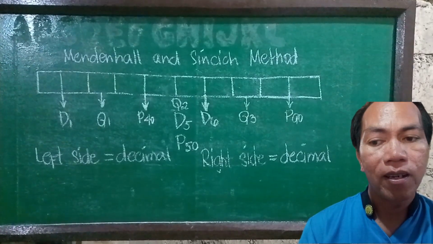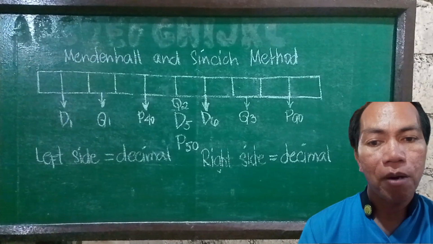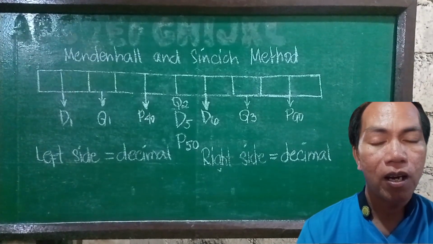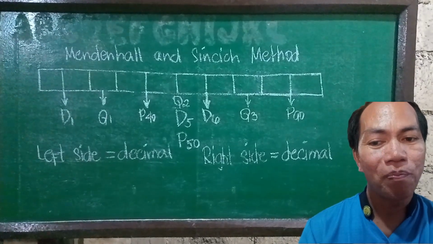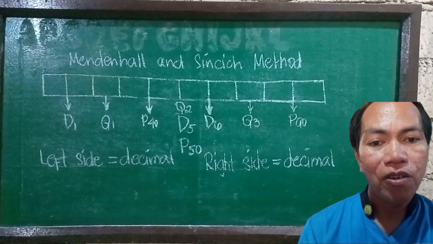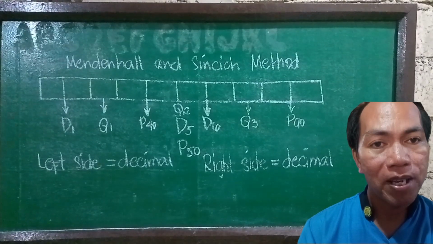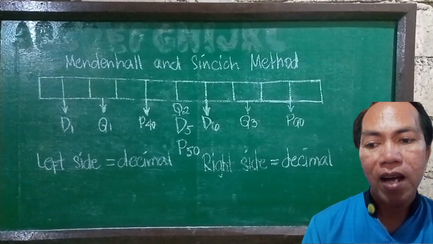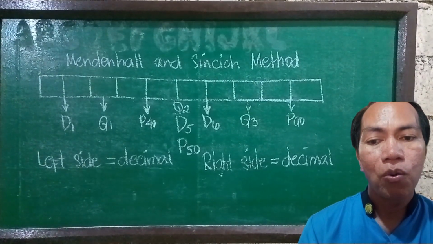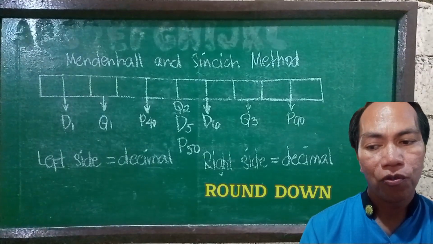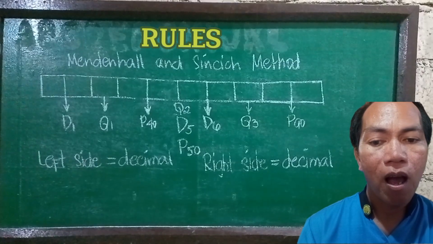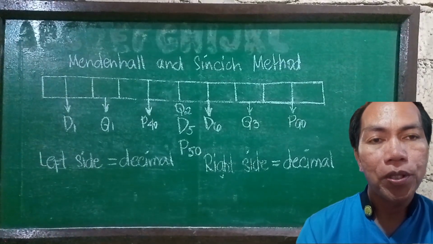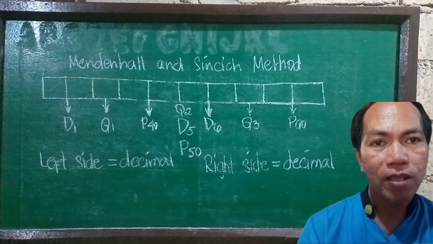On the other hand, if we are computing from the right side of the data, if the value is greater than 50% and has a decimal in it, we round down the value. So those are the rules when we are computing the measure of possession using Mendenhall and Sincich method.